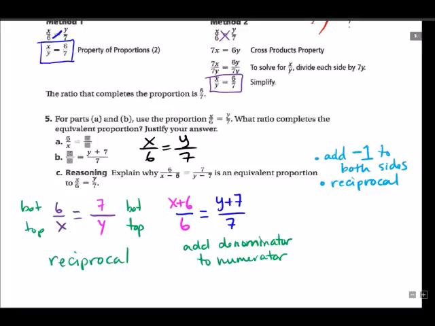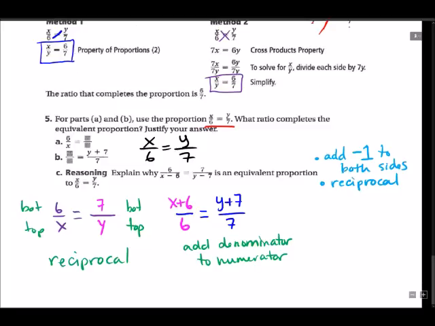In our first problem here, we were given a proportion x is to 6 as y is to 7. And then we were asked to complete the equivalent proportion. So we start out with x is to 6 as y is to 7. And then we were told that 6 is to x as what? Well, what happened here? We took the reciprocal.